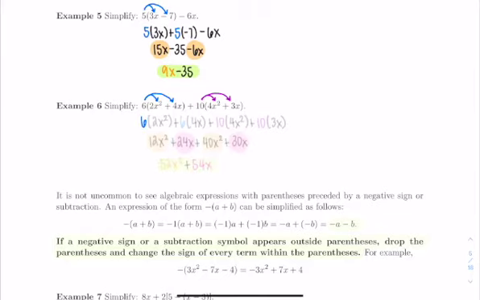So we have 6 times 2x squared, and we have 6 times 4x, and then we have 10 times 4x squared, and we have 10 times 3x.